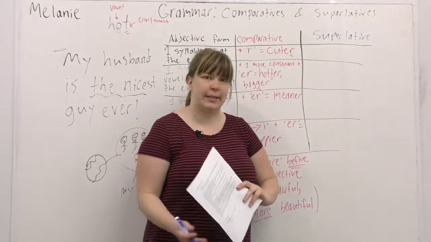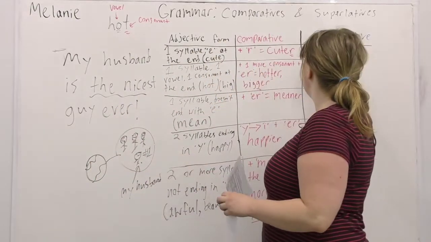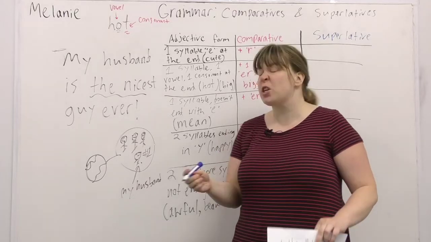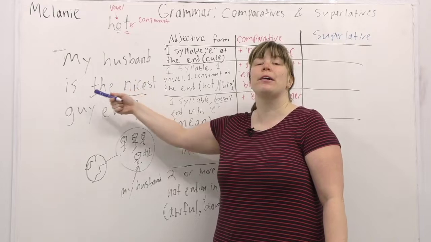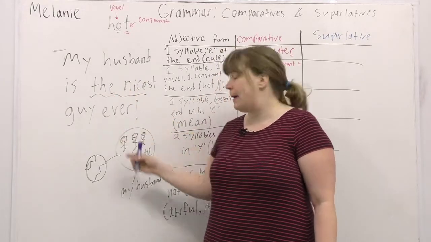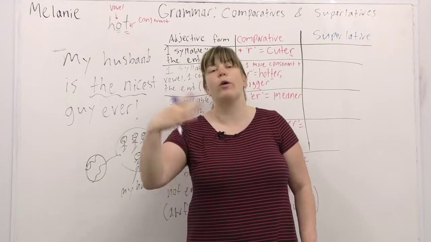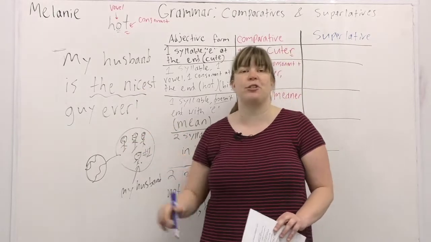How do you form superlative? Glad you asked. When you do superlative, you're always going to add "the" right before the noun. So just remember, always add "the," because there is only one person or thing that you're talking about that can be this certain adjective.